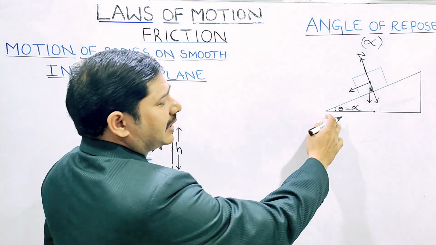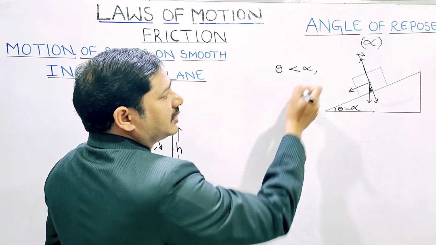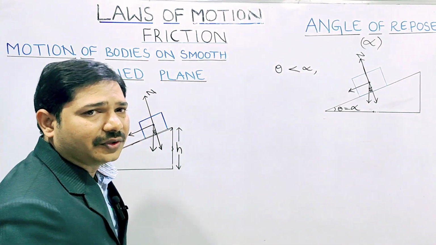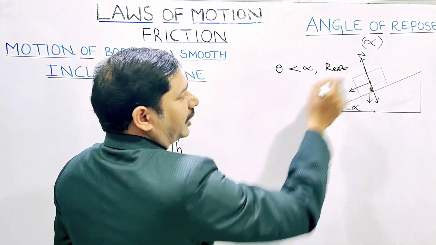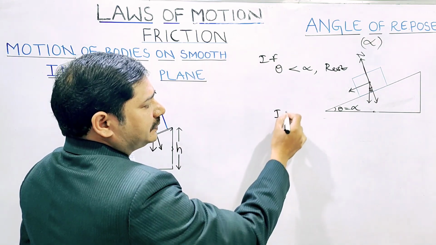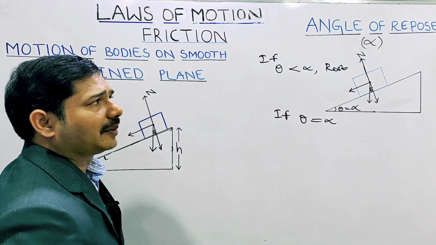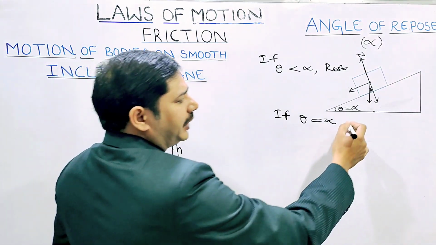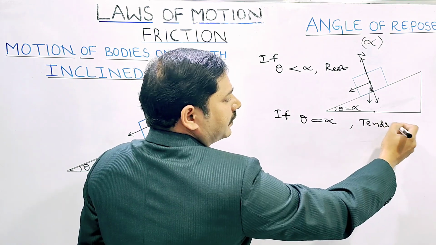The angle of repose is denoted by the symbol alpha. For example, if theta is less than alpha, the body does not move; the body is at rest only. If theta is equal to alpha, the body tends to move, ready to move.